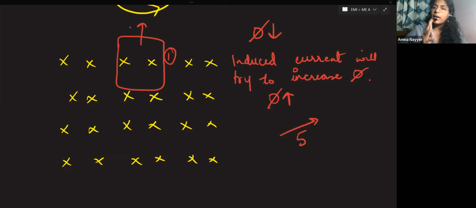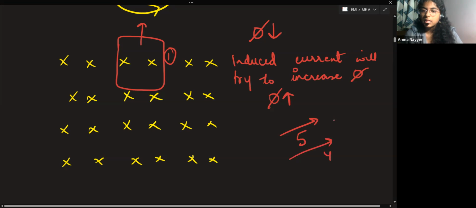If I have 4 magnetic fields with me and I bring them in the same direction, what will be the net magnetic field? It will be 5 plus 4, which is 9. Now the magnetic field number has increased.